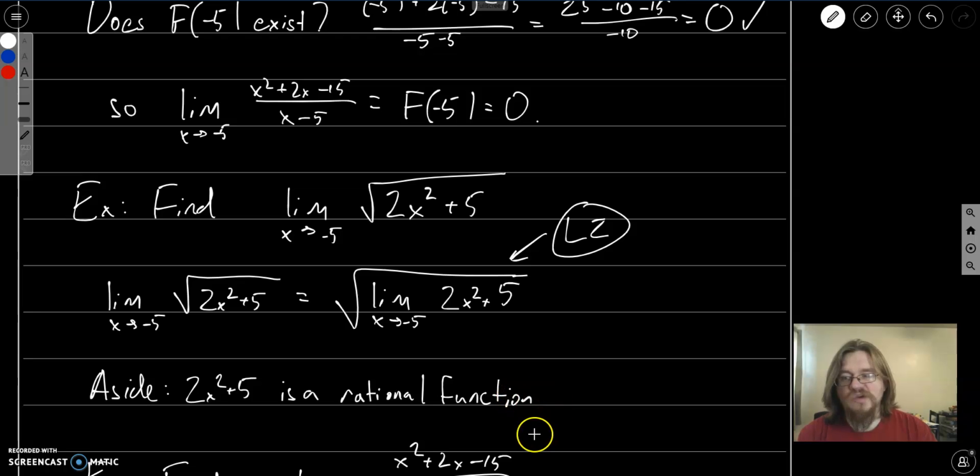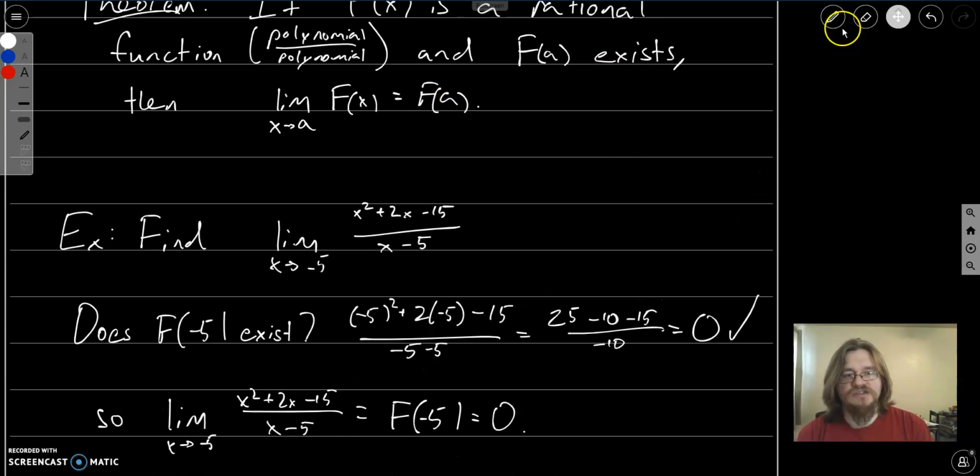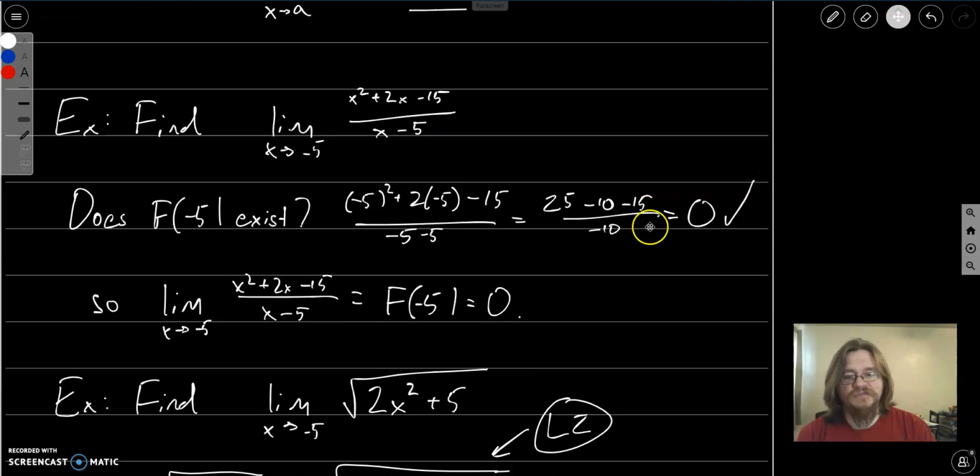So what can we do with rational functions? We can just plug the limit in, as long as it exists. And clearly, if I plug -5 into here, I can square it, multiply by 2, and add 5, and nothing goes wrong. So I can use our theorem and just plug in our value.